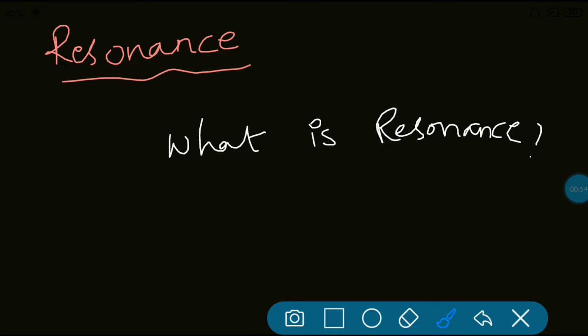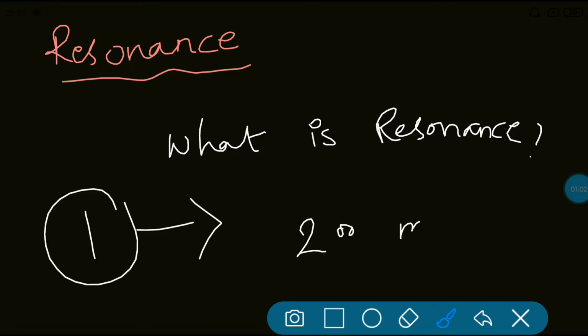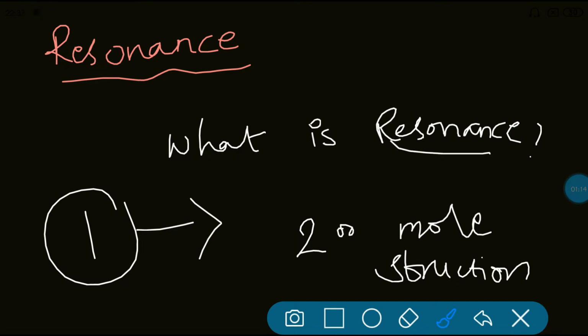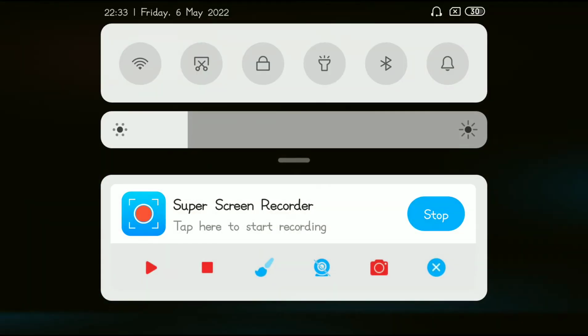For one compound you can write two or more structures, and it should have some identical position. I'll tell you what an identical position is. Then this is called resonance. Okay, now I'll give the example for this.